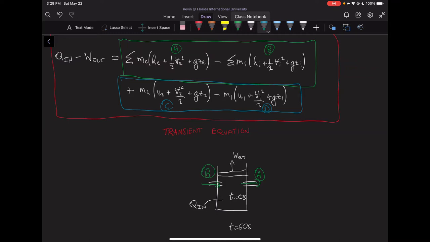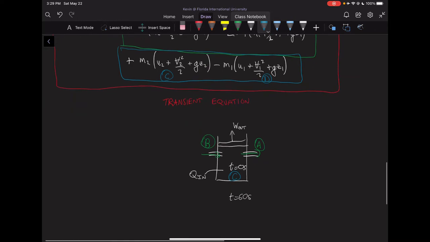And then C would be associated with the mass in the system at time 0 and the temperature in the system at time 0, and all the rest of the information like pressure and specific volume and internal energy. And then D would be the same system at time equals 60 seconds. So kind of like state 1, state 2. So C would be state 1, D would be state 2, and those are time states.